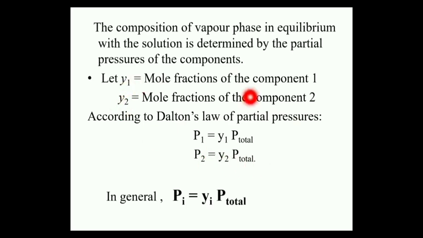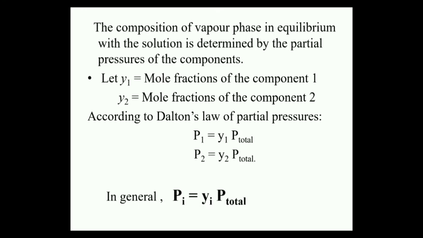We are denoting this equation because the composition of vapor phase is in equilibrium with the solution. That is, we can see there is an equilibrium being formed between the vapor phase and the liquid phase.